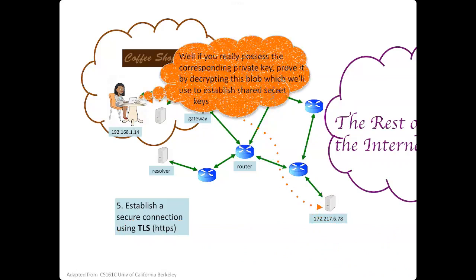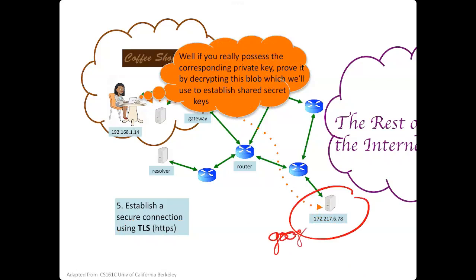And of course, before that, how does she know that she is communicating with the actual google.com? It means this server has to send its public key certificate, or digital certificate.